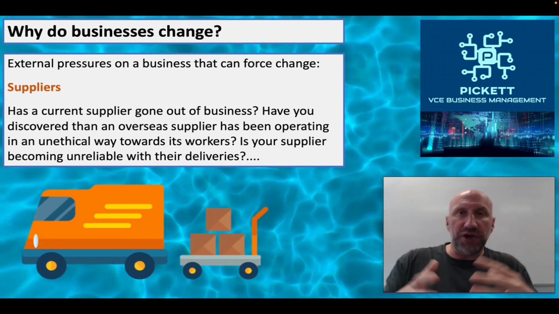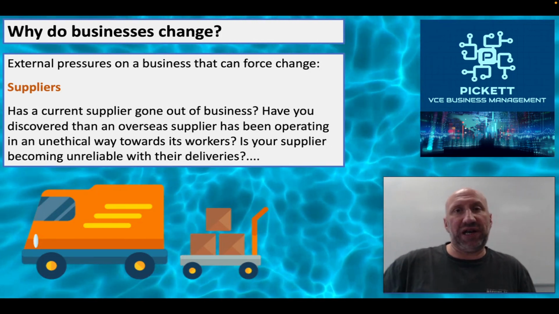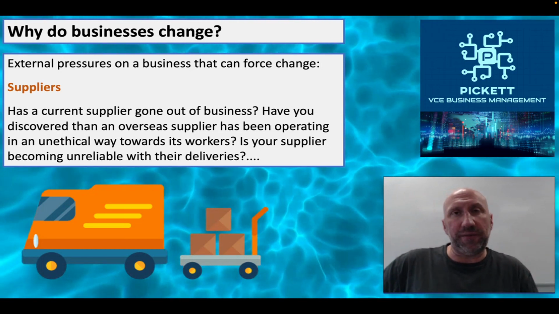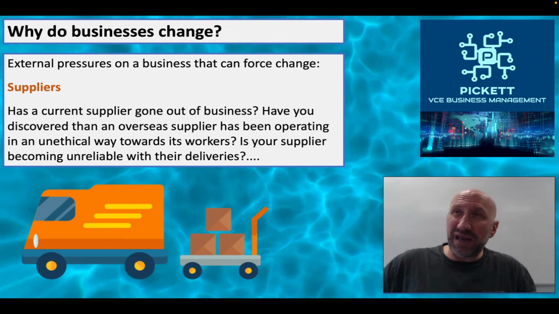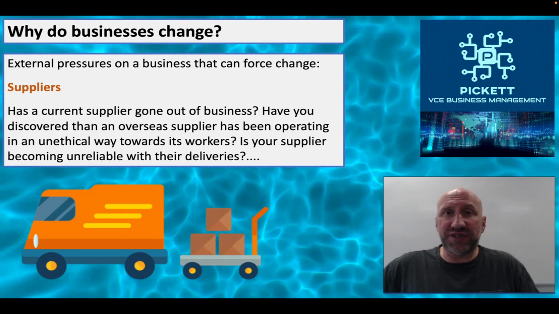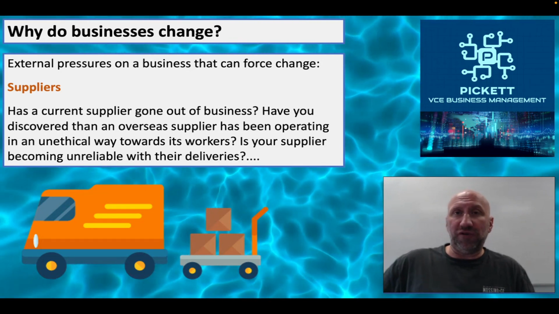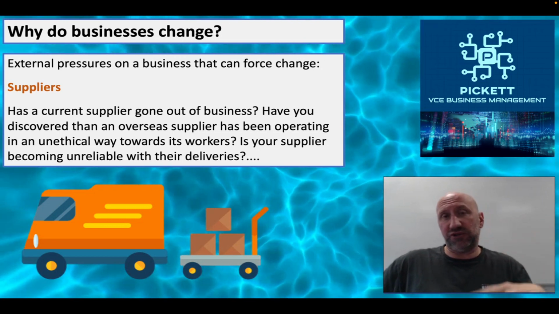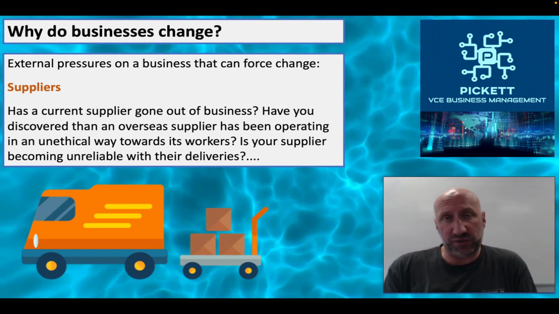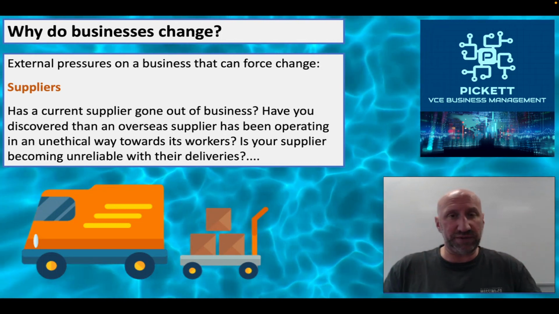We know by now that particularly in Australia, we deal with China a lot, for example. Historically, with a lot of these Chinese suppliers, there have been questions around the ethics of the way that they treat some of their workers, not just in China, but in a lot of countries up in Asia that we deal with because of our proximity to Asia.